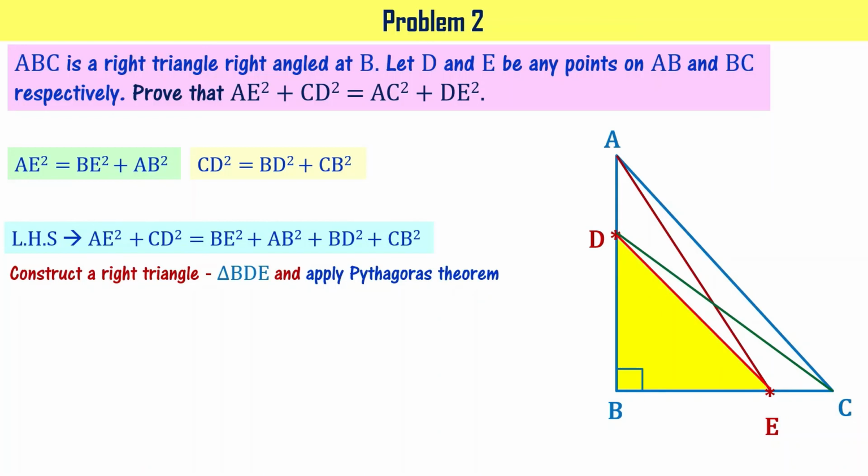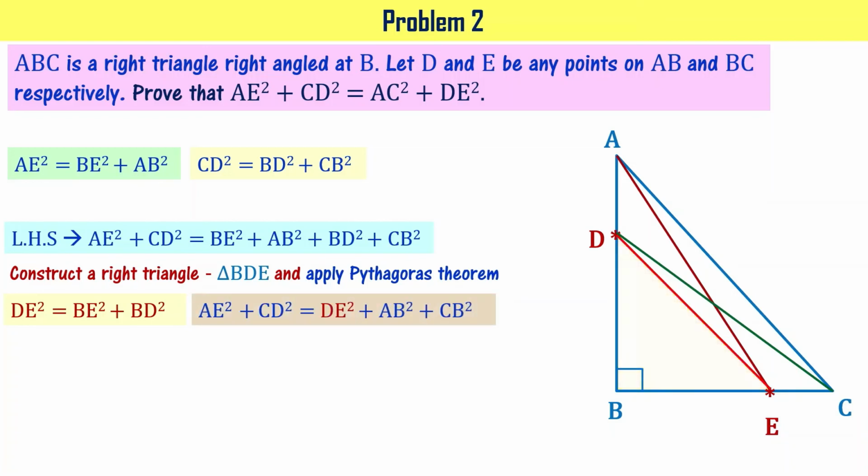When you apply Pythagoras theorem, DE square is going to be equal to BE square plus BD square, right? In the previous expression, on the right hand side, you have BE square and BD square, right? Term 1 and term 3, right? Let's replace them now with DE square. So you have now expression AE square plus CD square equal to DE square plus AB square plus CB square, right?